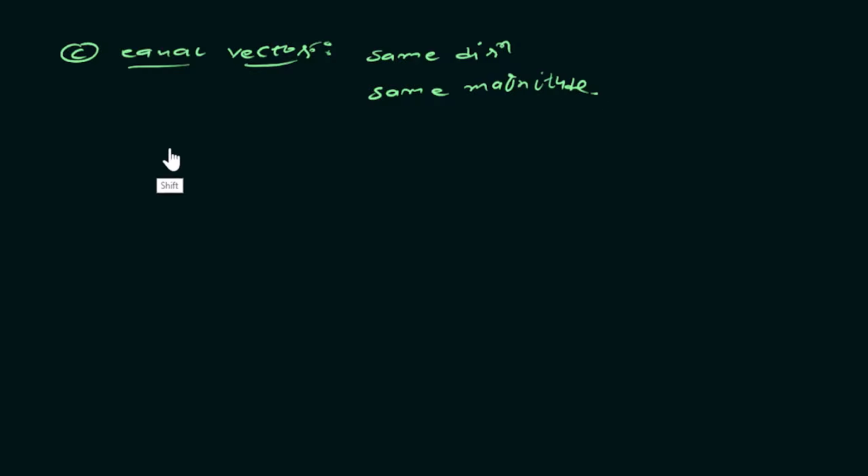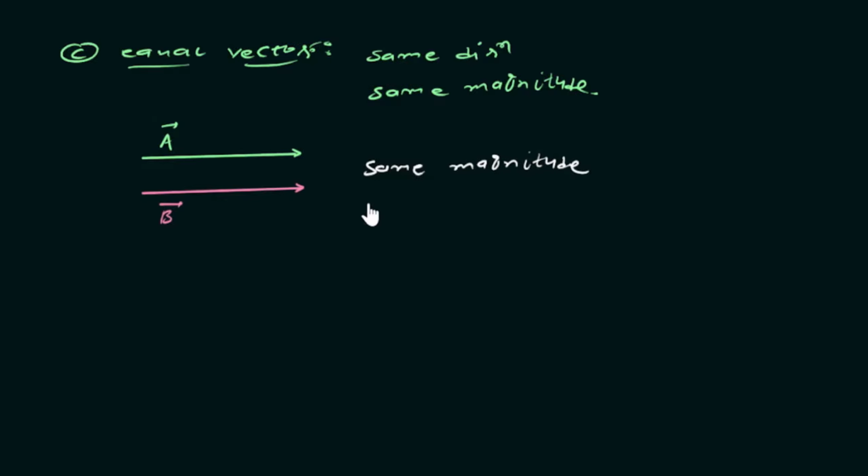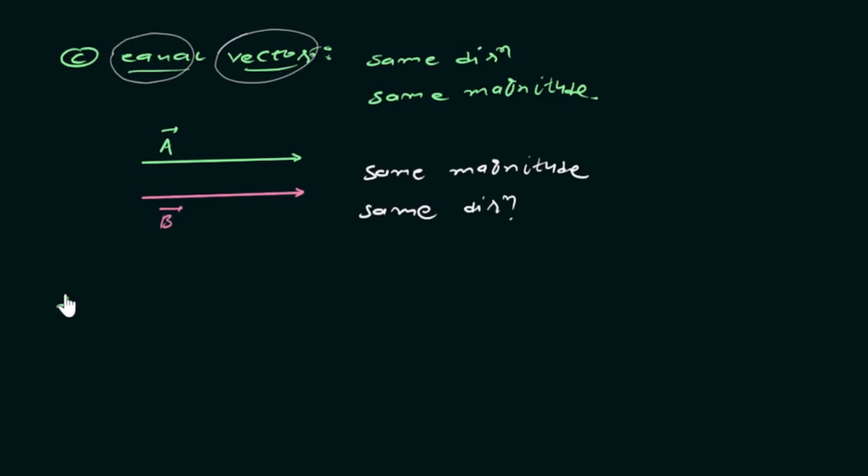Such vectors can be represented like this: this is our vector A, this is our vector B. Both have the same magnitude and the same direction. Such vectors are known as equal vectors. Our next type of vector is the negative of a vector.